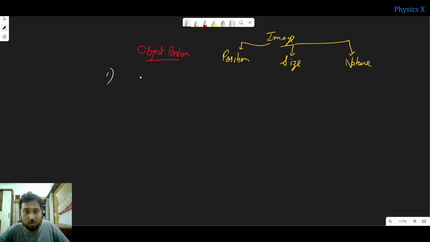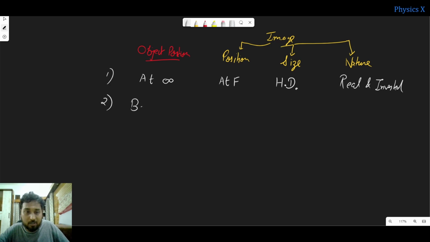So when I place the object at infinity, what I observed was that the position of the image was at F, and what was the size? It was highly diminished, and the nature was real and inverted because the rays were actually meeting.